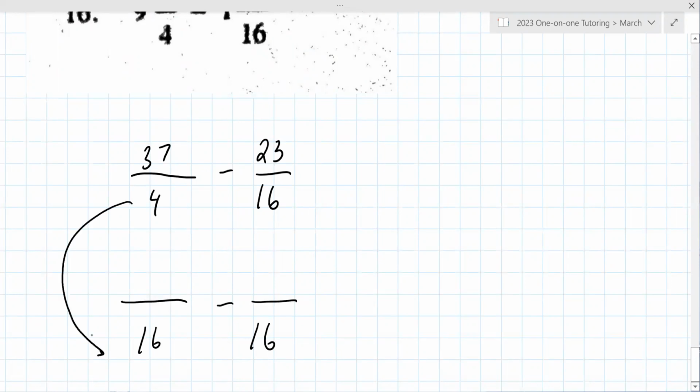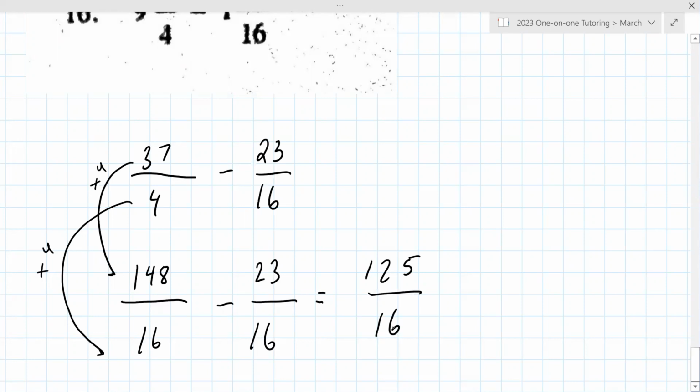You're multiplying the 4 times 4, which means you have to multiply the 37 times 4. That ends up being 148 minus 23. Yeah, okay. So then over 16, and I don't think you can reduce that. You cannot.